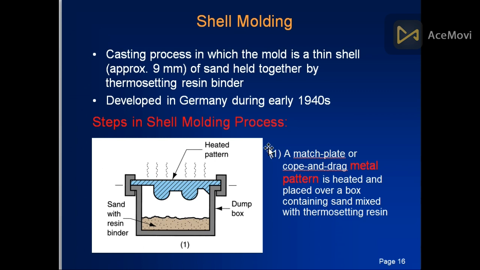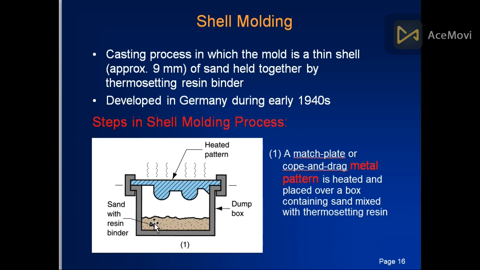Steps in shell molding. In the first step, a match plate or a cope and drag, we can use any of them. A metal pattern is heated and placed over the box containing sand mixed with thermosetting resin.